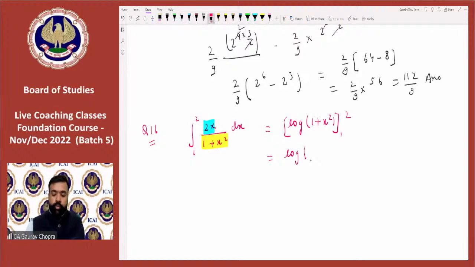So log of 1 plus 2 square minus log of 1 plus 1 square. So we are getting log 5 minus log 2. So log of 5 by 2.